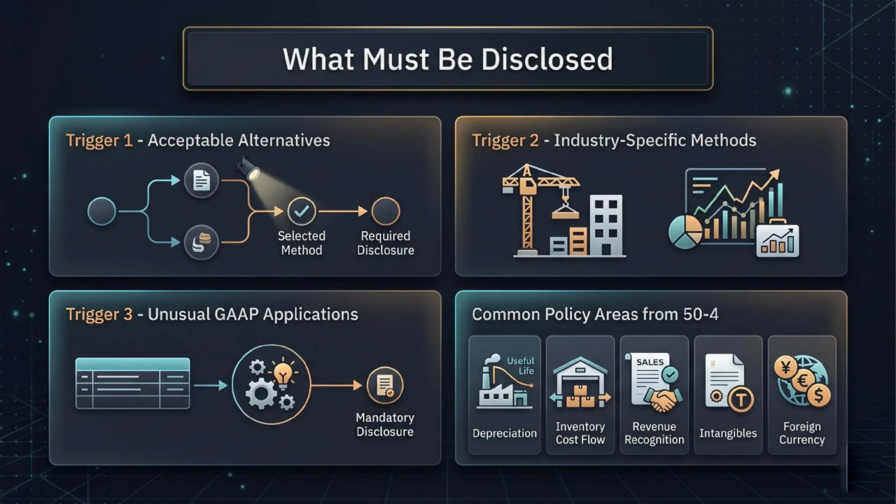If the entity applies GAAP in a way that is not common, the note should prevent users from making wrong assumptions. Common disclosure areas include depreciation, inventory cost flow assumptions, revenue recognition, intangible amortization, and foreign currency translation. In short, disclose policies that help users understand the financial story, not policies that merely fill space.